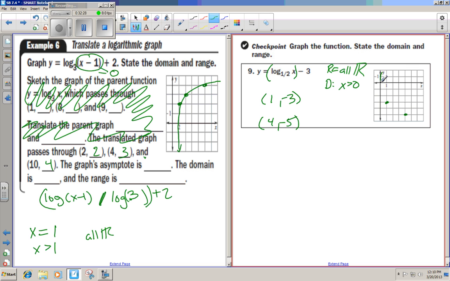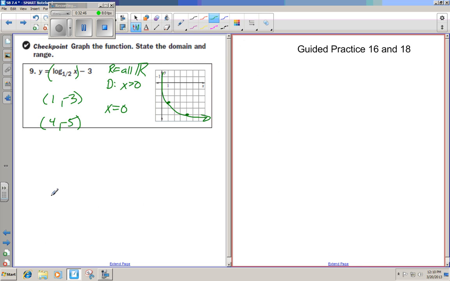And you end up with a graph that goes like this. So there's your graph. Here's the domain, here's the range. The asymptote was at x equals 0, because that's what makes the thing inside the log equal to 0.